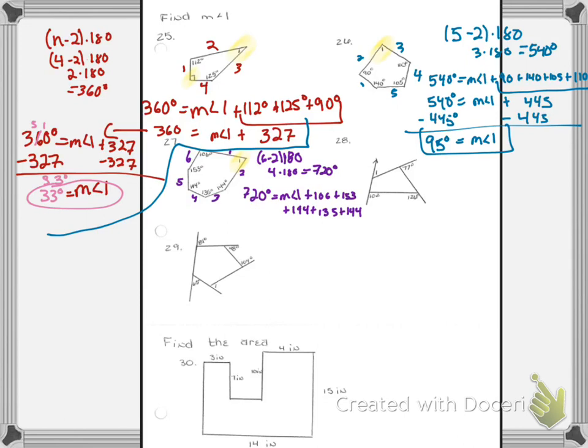We're going to add up this portion right here. So when we do that, you have 106 plus 153 plus 194 plus 135 plus 144.